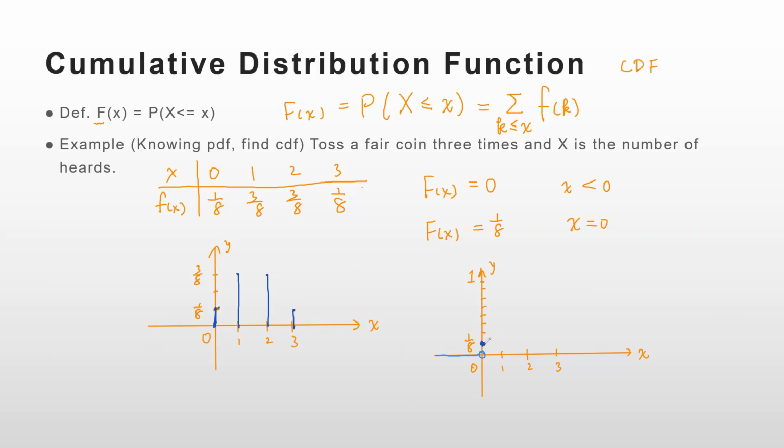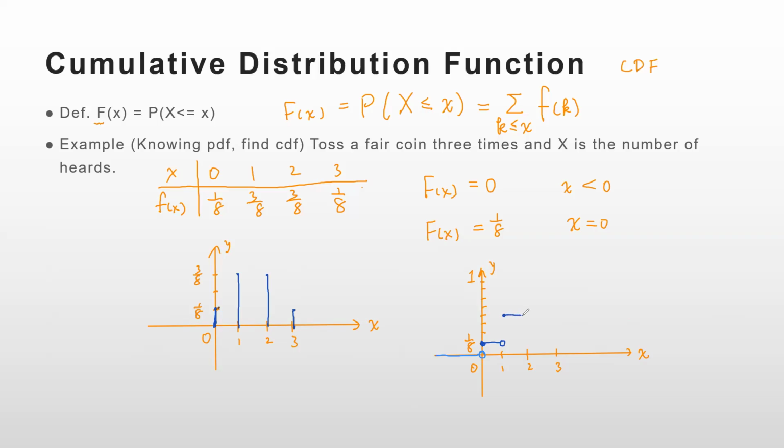We would call it continuous from the right side. And then at x equaling 1, there's a jump because there's a mass at 1. You add this mass to 1/8, you would get 4/8.